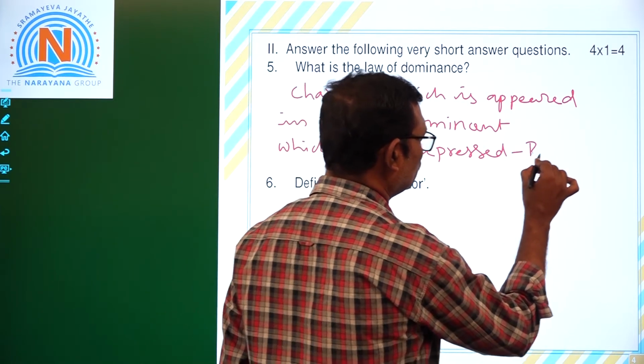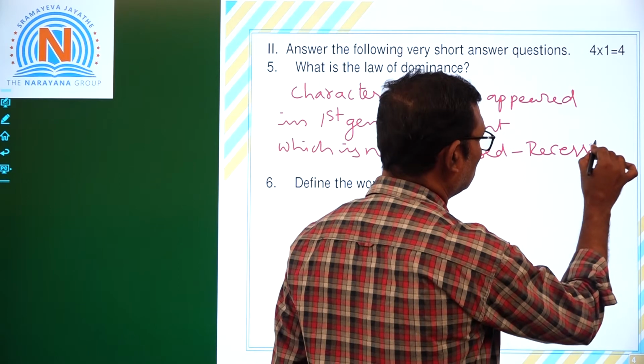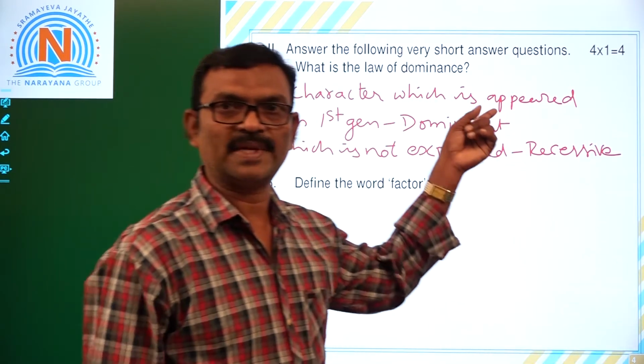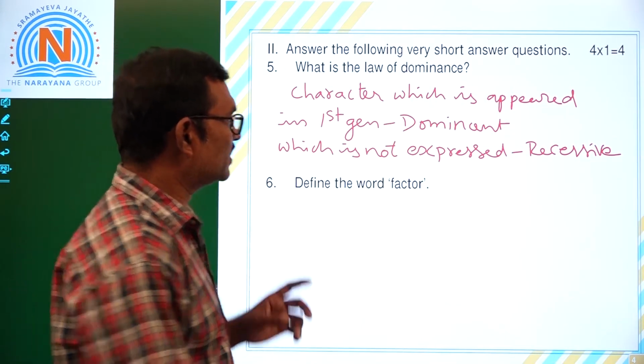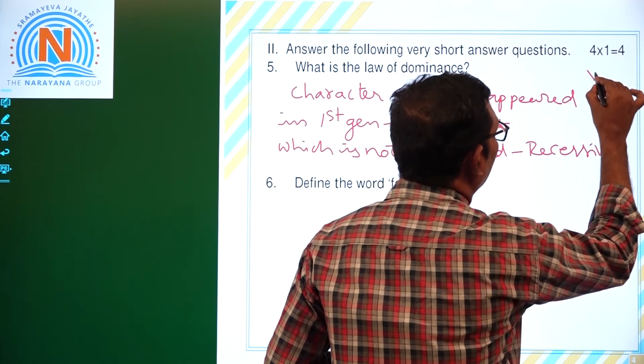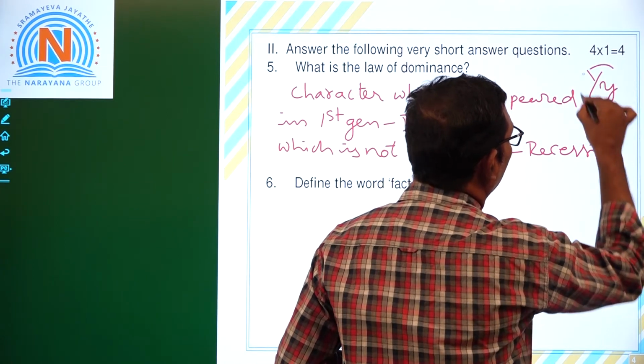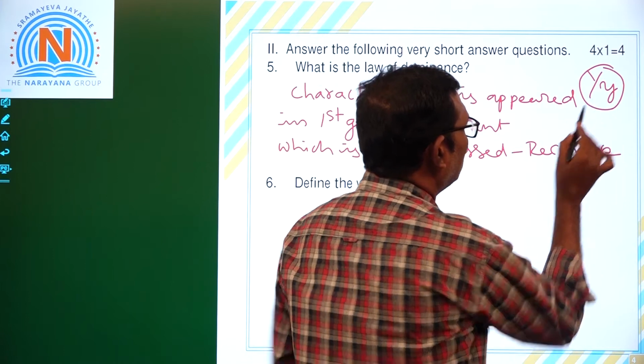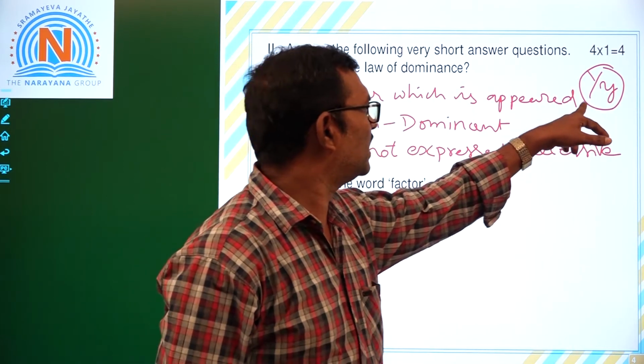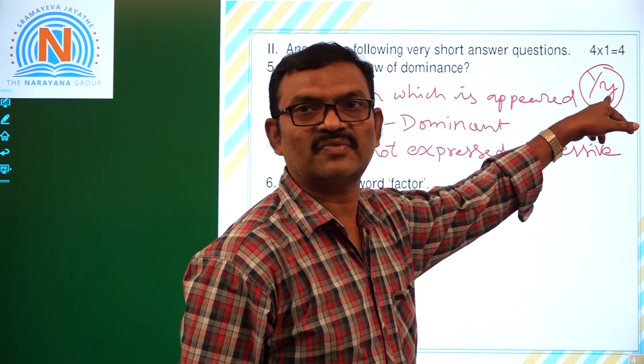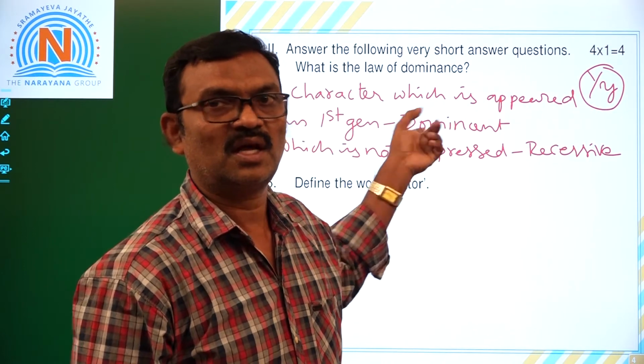This law is called the law of dominance. Otherwise, if your character has two different factors, when there are two different factors, always one factor dominates the other factor. This is also known as the law of dominance.